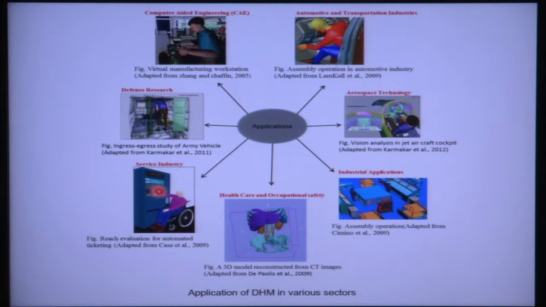Everywhere there is application of digital human modeling software, and researchers, designers and engineers are effectively using this software for virtual ergonomic evaluation and getting benefit out of it, following this virtual ergonomic evaluation and design modification of those workplaces.